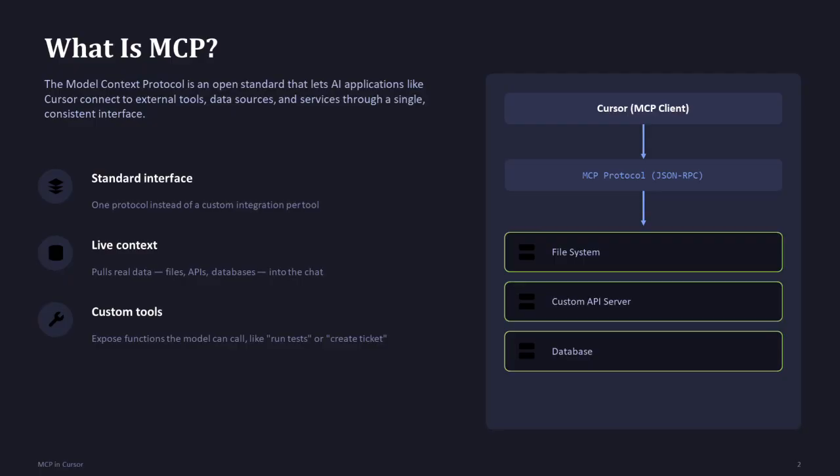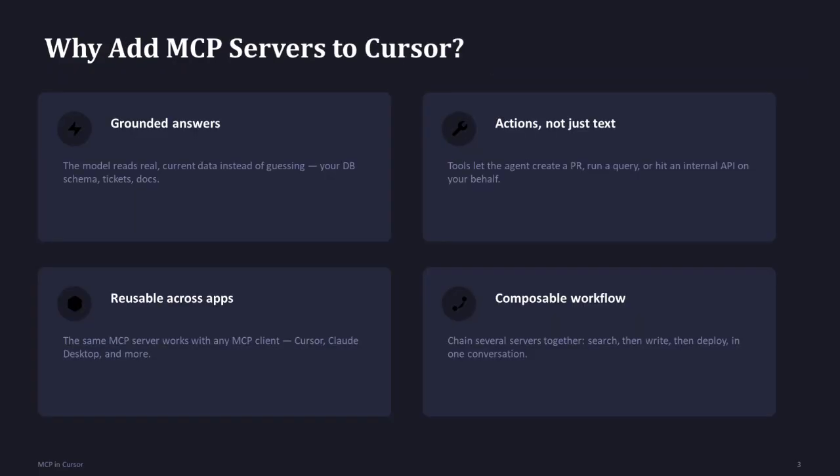On the right I have mentioned some hierarchy: Cursor, MCP client and MCP protocol, which goes to the file system, custom API server and database. Then why do we need to add an MCP server to Cursor?